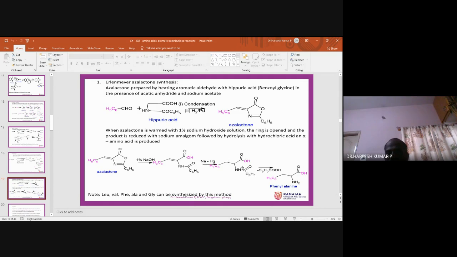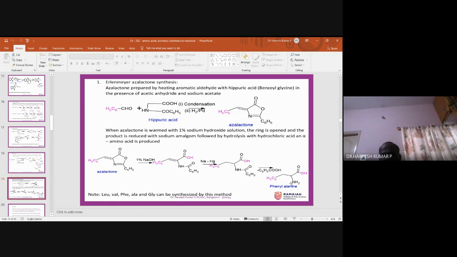And then cleavage of this protection. This NH was protected with the benzoyl group; that cleavage is possible with sodium hydroxide itself. Then the obtained compound is called phenylalanine.